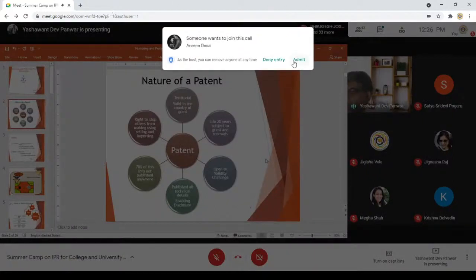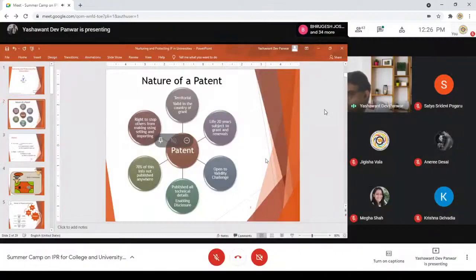But here in higher education, I would like to emphasize one point: all the patents and all the technical details in a patent document can be used for research and teaching purposes without seeking any permission from the patent holder. So when you are nurturing your research and development, the whole of the patent literature is available to you to conduct further research.